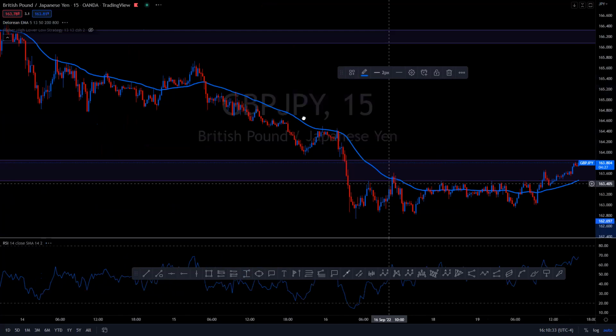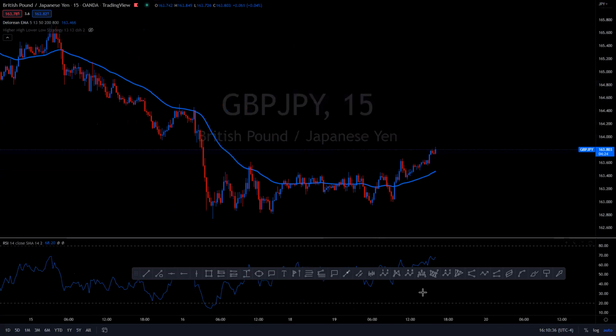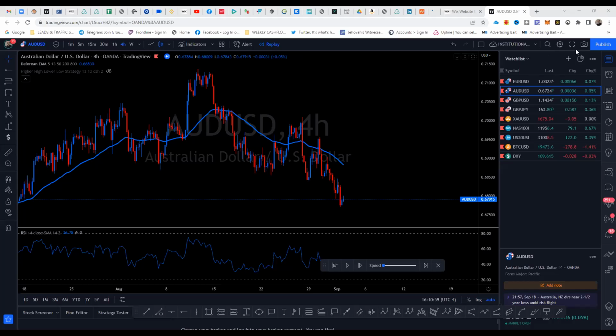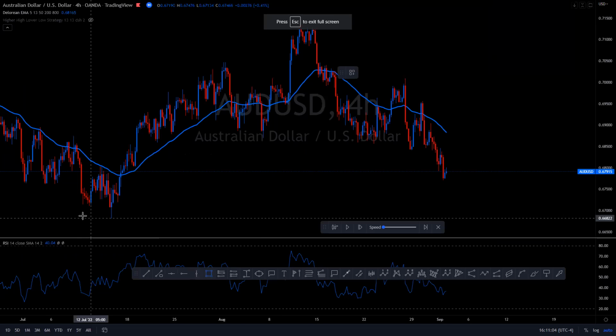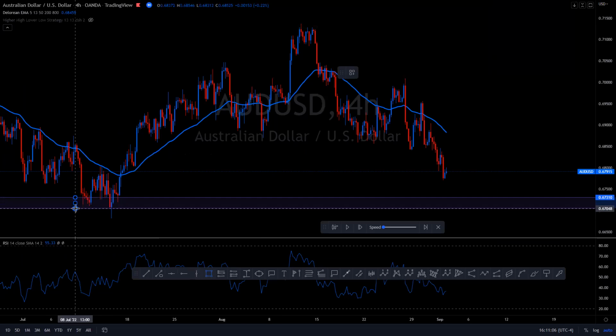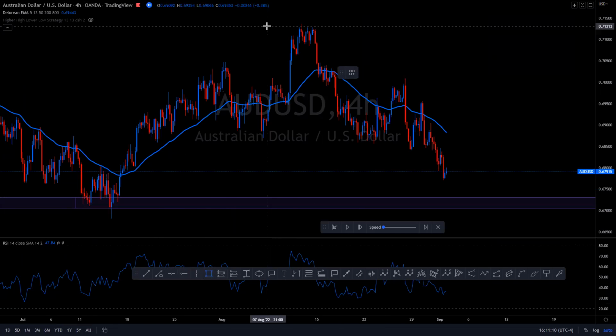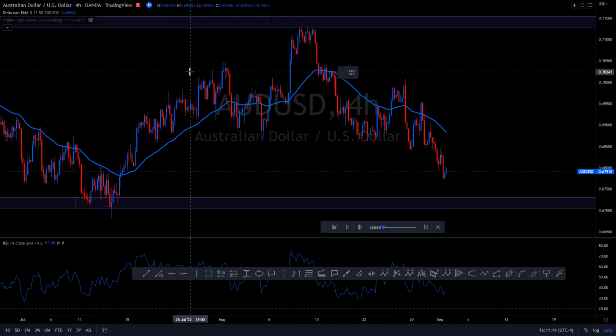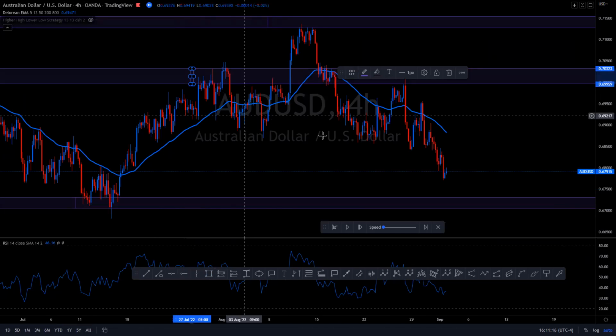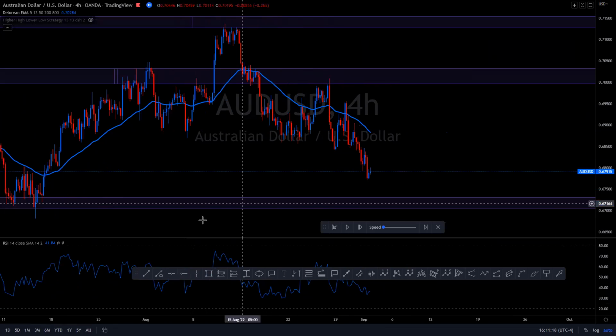So let's do one more example. Let's do AU. So we see that there was a major demand here, major supply up here, and we got micro supplies all the way up in this area. Ultimately went down.